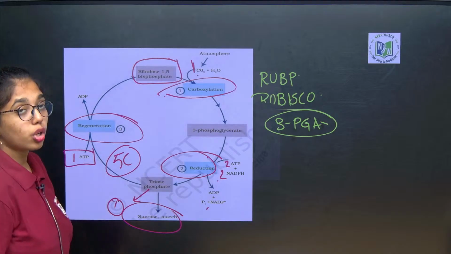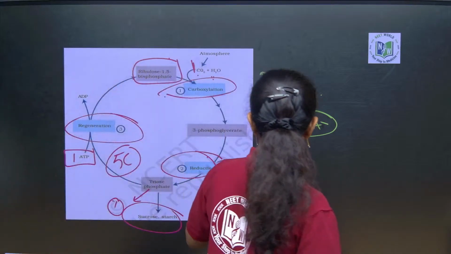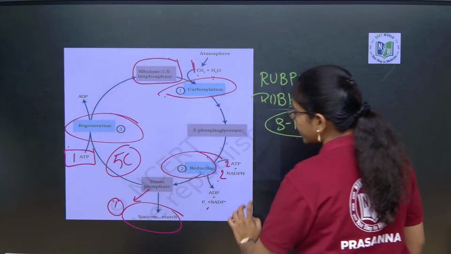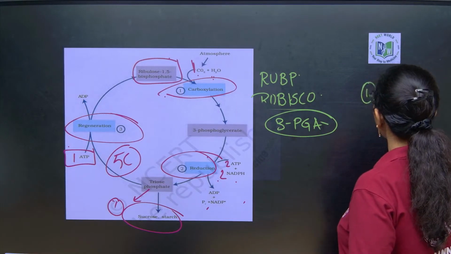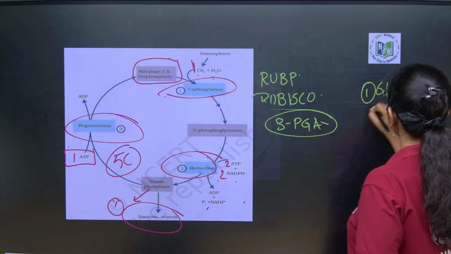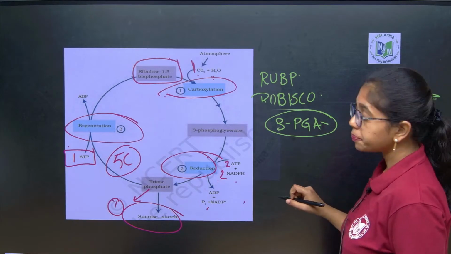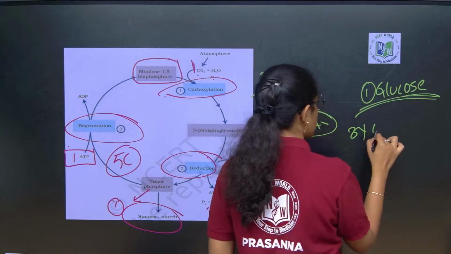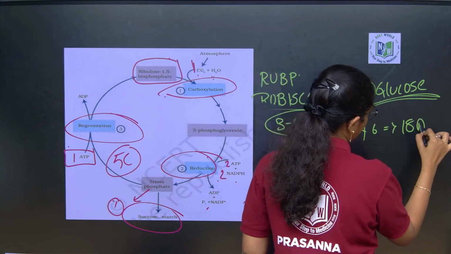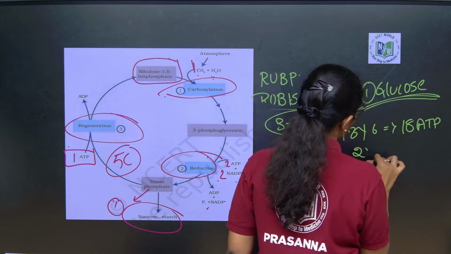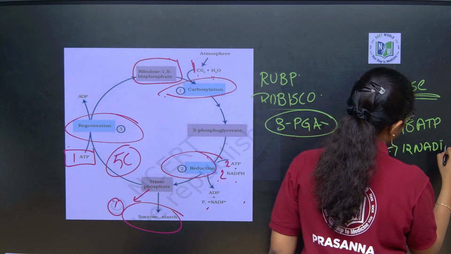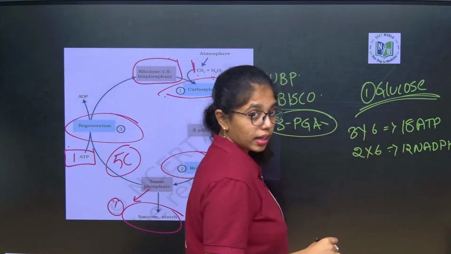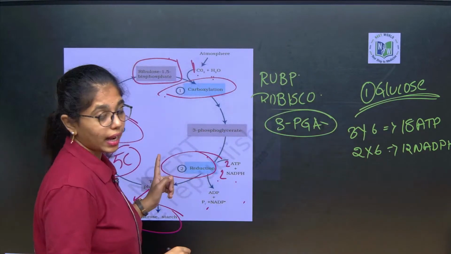So, to fix 1 carbon dioxide, it requires in total 3 ATP and 2 NADPH. To form 1 glucose molecule, it requires 3 into 6, that is 18 ATP, and 2 into 6, that is 12 NADPH. Clear, Nana? Understood? This is all about the Calvin cycle.